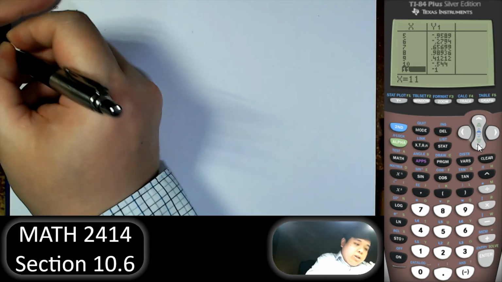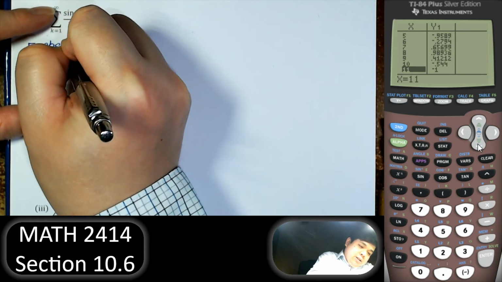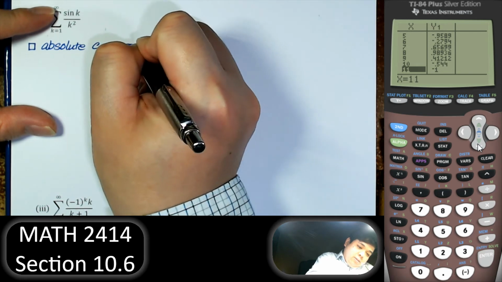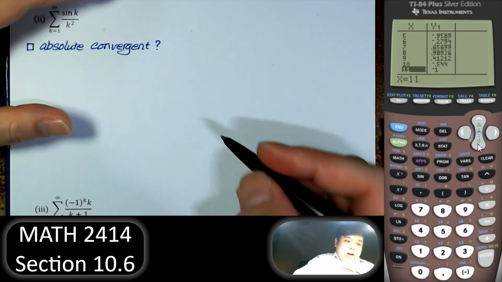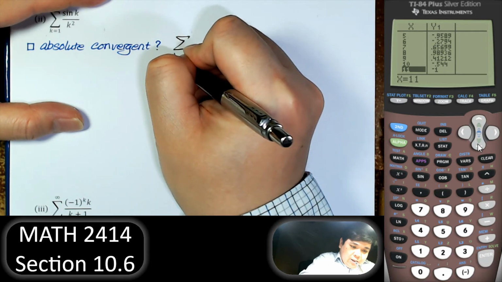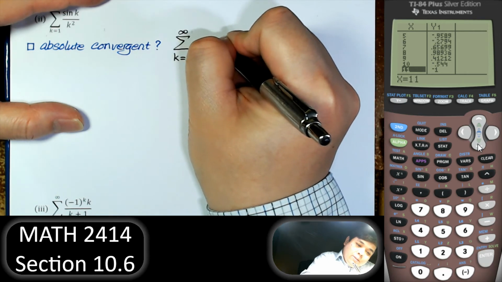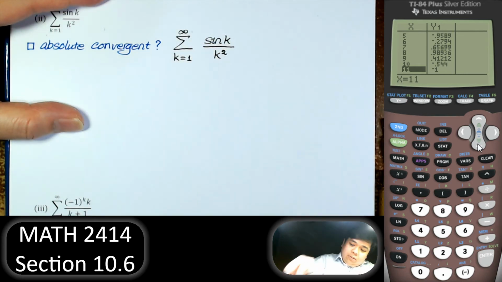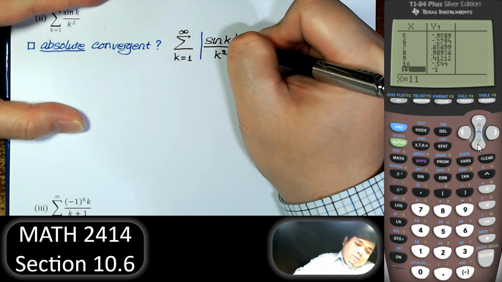So the first thing we do is check for absolute convergence. Meaning we're going to put the absolute values into this. For absolute convergence, with absolute values.